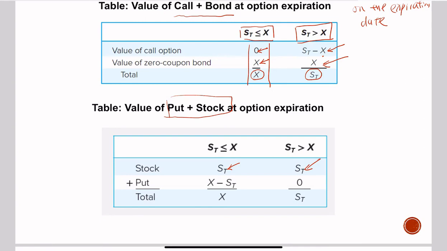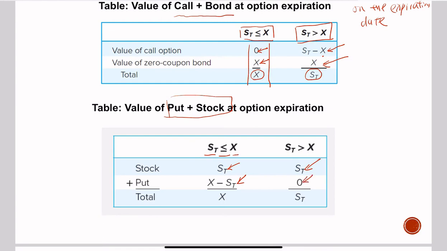If the stock price is smaller than the exercise price, as a put option holder, you will want to exercise your put because you can sell this stock at the exercise price, which is higher than the market price. Now your profit is basically given by X minus the market price. So this is your payoff. And in the other case, if the market price is larger than your exercise price, you will not want to exercise your put option. So the payoff here is just 0.